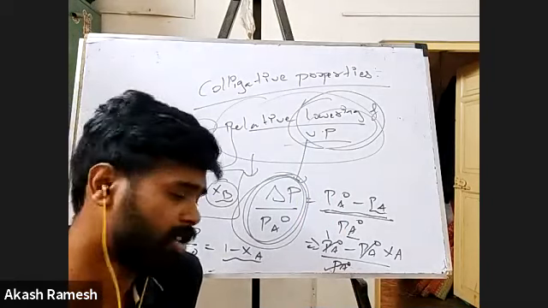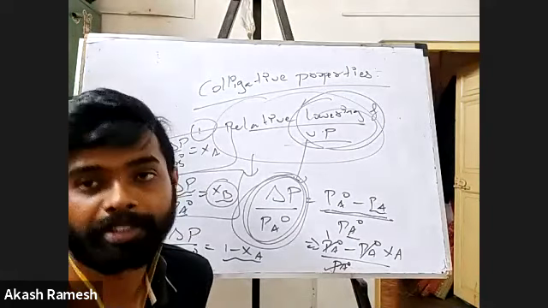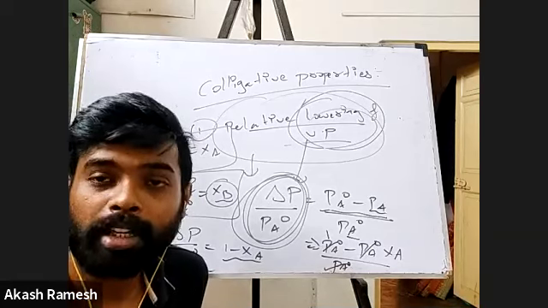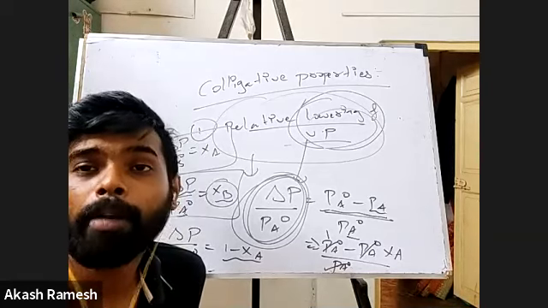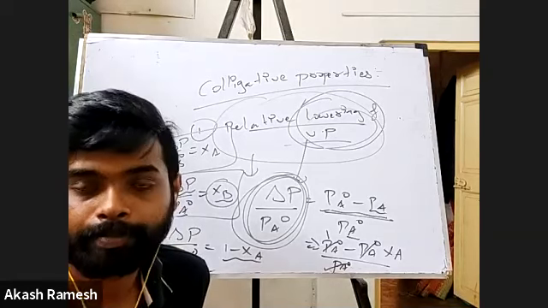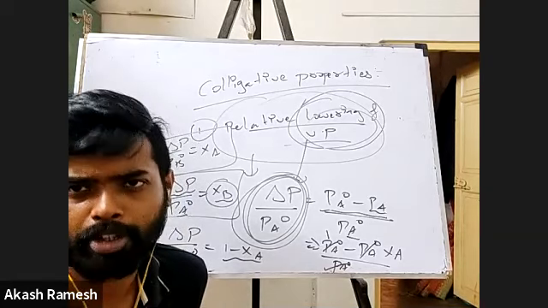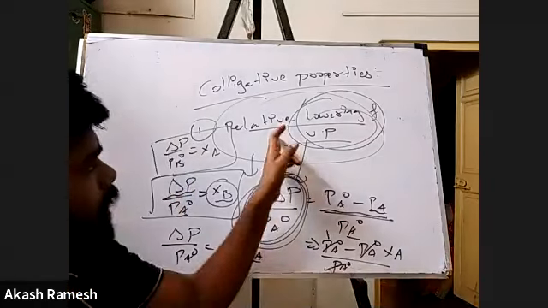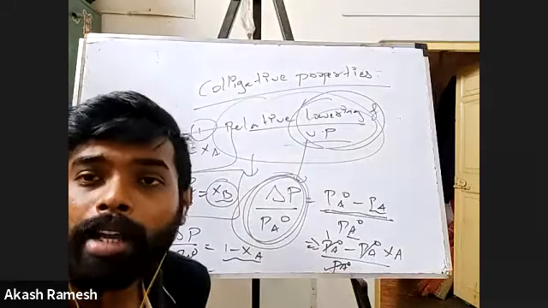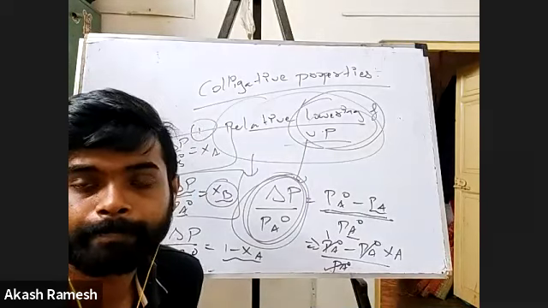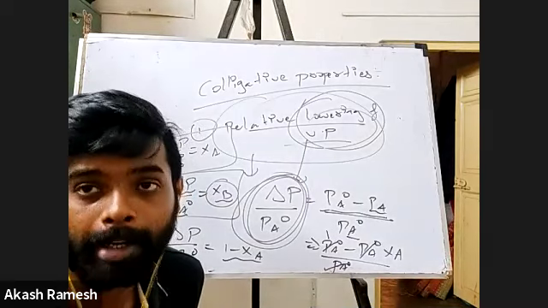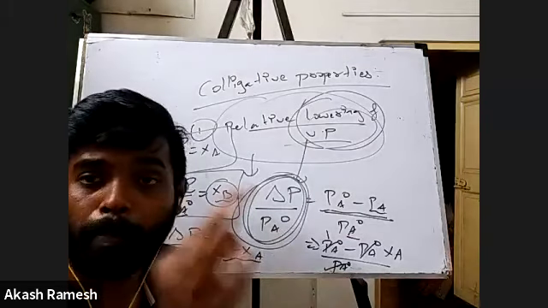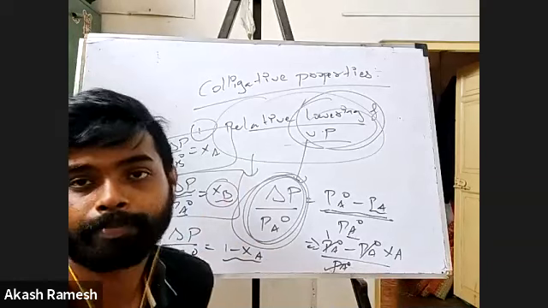Now, the moment you see any problem relating to vapor pressure, you might have a confusion: sir, whether I should use relative lowering of vapor pressure or can I use Raoult's law? The confusion will come definitely. What I'm telling you is, just blindly use Raoult's law.